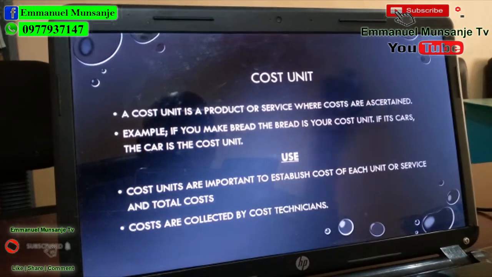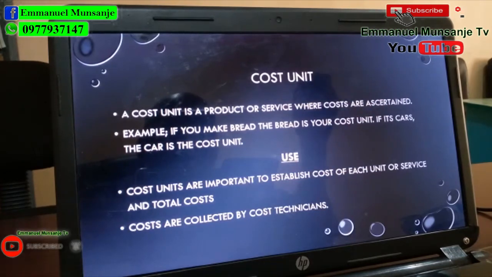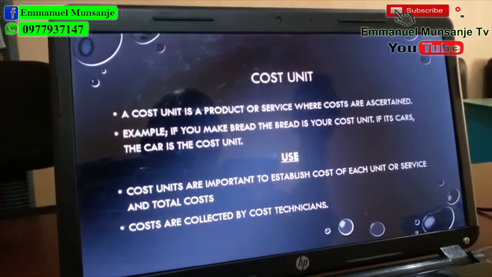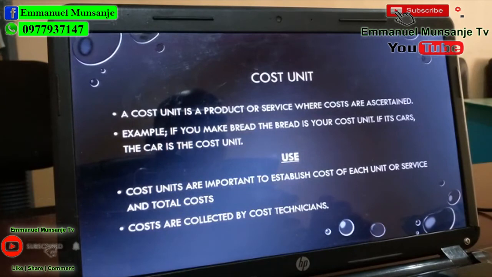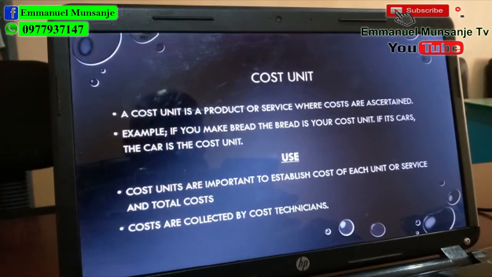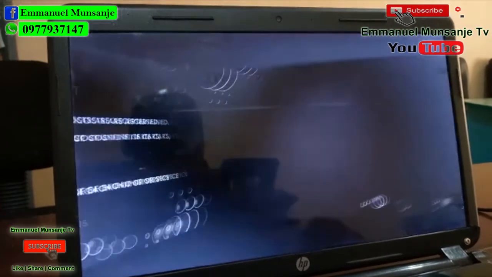Now, what is the use of the cost unit? The cost units are very important to establish the cost of each unit or service, so that when you produce so many, you can simply multiply and see how much it cost you to make such a quantity. And then costs are collected by cost technicians.